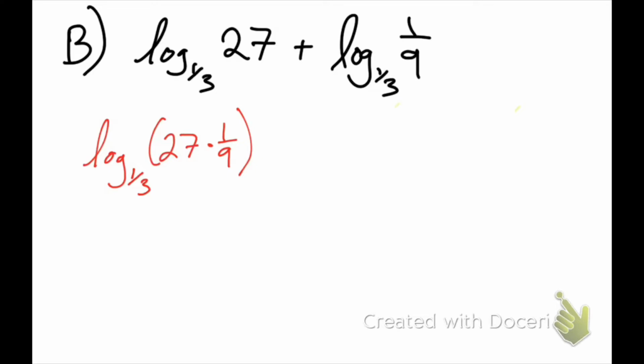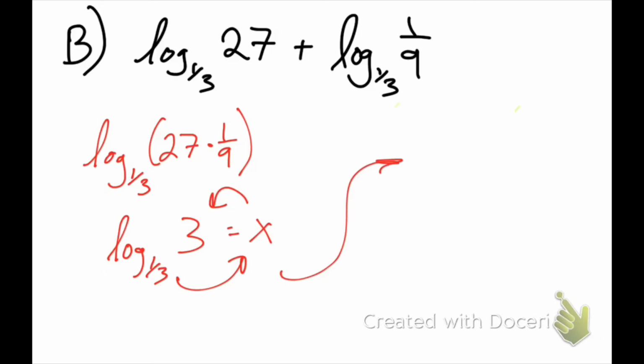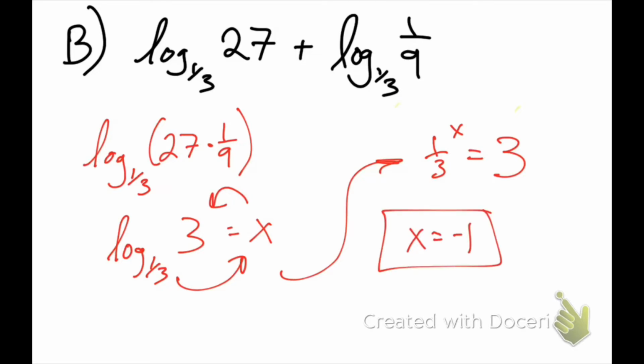Well, 27 divided by 9 is equal to 3, to get log base 1/3 of 3. Let's set it equal to x, and I get 1/3 raised to the power of x is equal to 3, which means x would have to equal -1. That would bring the 1/3 to the top. So log base 1/3 of 3 is equal to -1. And that's it.